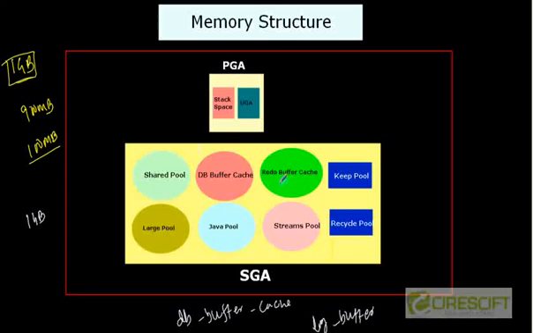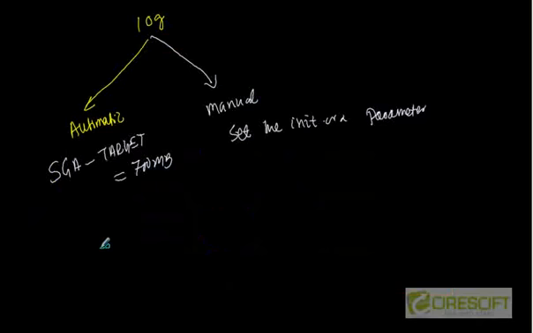There are certain pools that can be changed dynamically, and you can take a look at a view called v$sga_info. If you query v$sga_info, you will find out which pools are resizable. That means certain things are resizable, and other things are constant values that you supplied at the time of database startup.